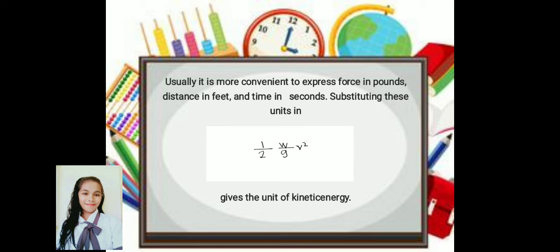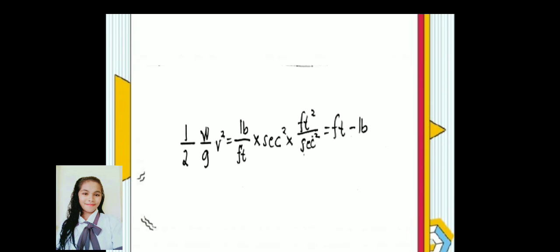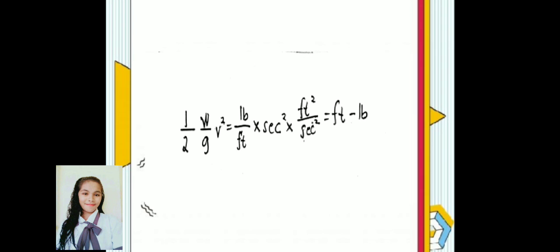Substituting these units in 1/2 W over g v squared gives the units of kinetic energy. So, the units of kinetic energy must be 1/2 W over g v squared is equal to lb over feet per second squared times feet squared over second squared, which is equal to foot-pound.